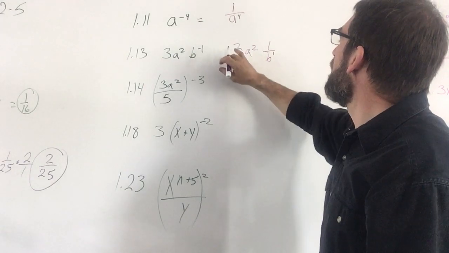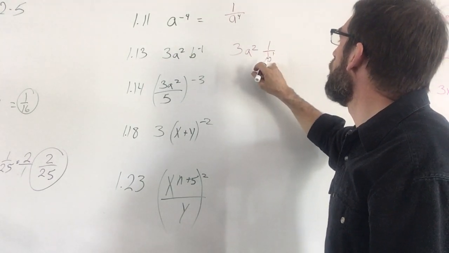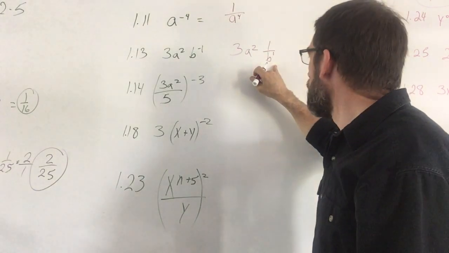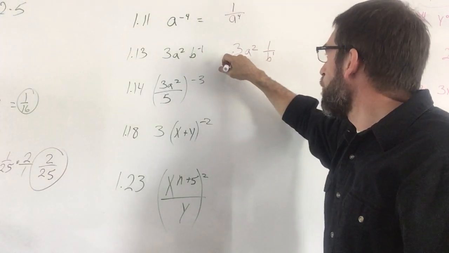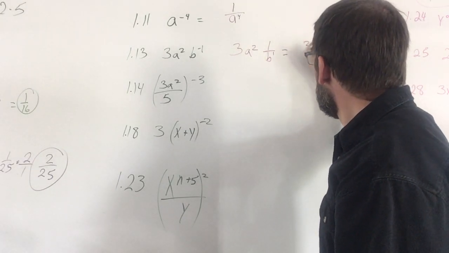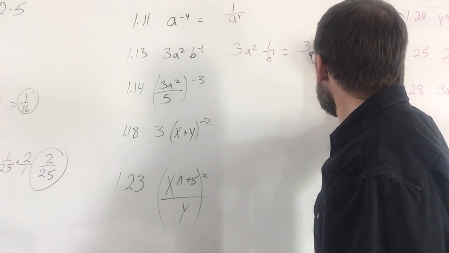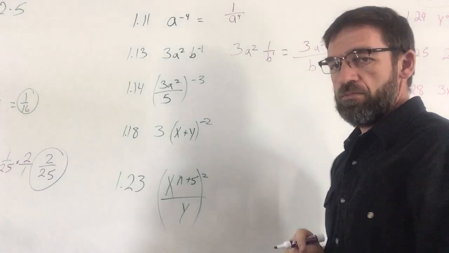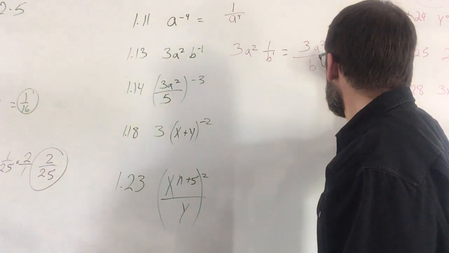When I simplified that down, when I had b over 1, that's going to be my bottom number. And so this is a whole number, so when they figured this out, they put 3a squared over b. b to the 1, sorry.